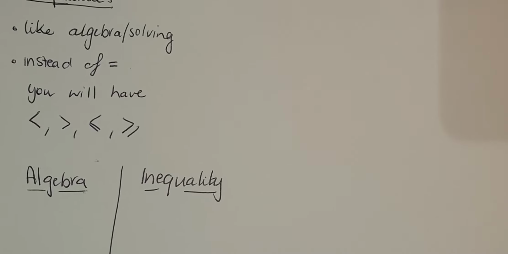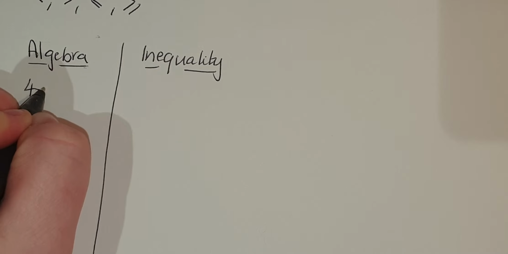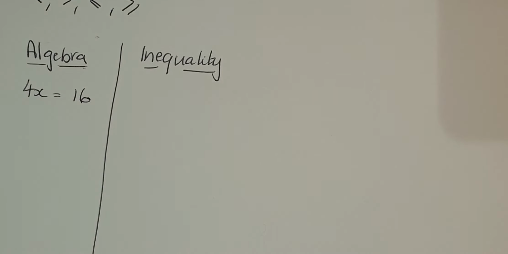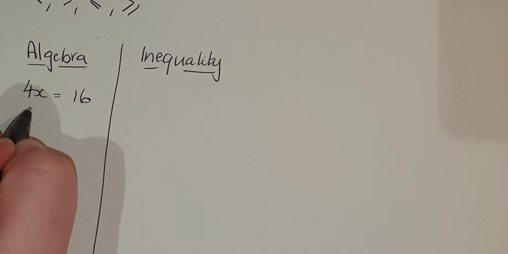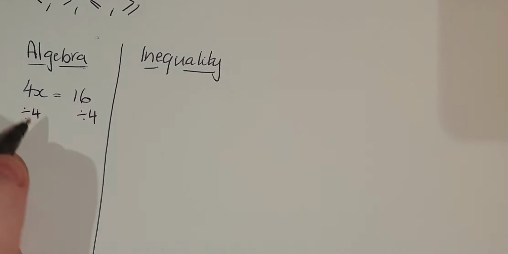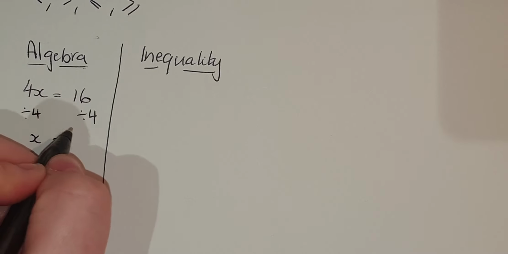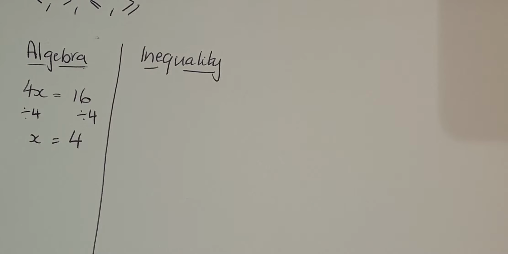So let's start off with 4x is equal to 16. If we had something like this for algebra, we would divide by 4. So 4x divided by 4 just leaves us with x, and then 16 divided by 4 is 4.